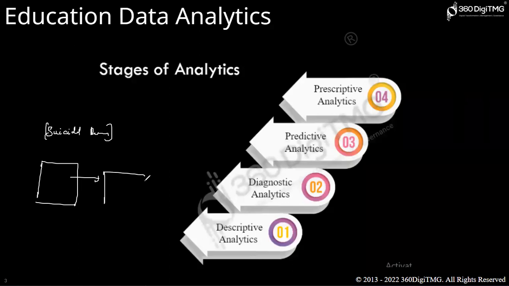We used certain graph representations like a word cloud, where we try to see which words are represented the most. Once we had got this, then we went for diagnostic analytics. So what could be the reason? Then we came to predictive analytics. Finally, we came up with a solution by creating a questionnaire.